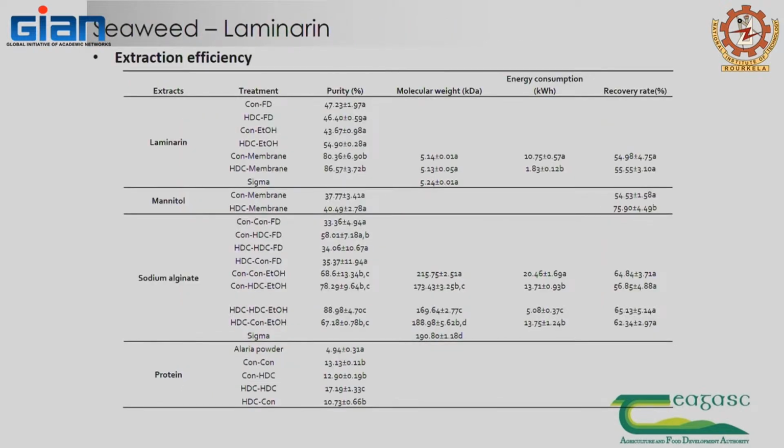When you go in here, laminarin, number of different treatments. When we use hydrodynamic cavitation, we had much better purity compared to direct freeze drying or ethanol precipitation. Energy consumption was very low, because when we used hydrodynamic cavitation, we were using it for a much lower time.